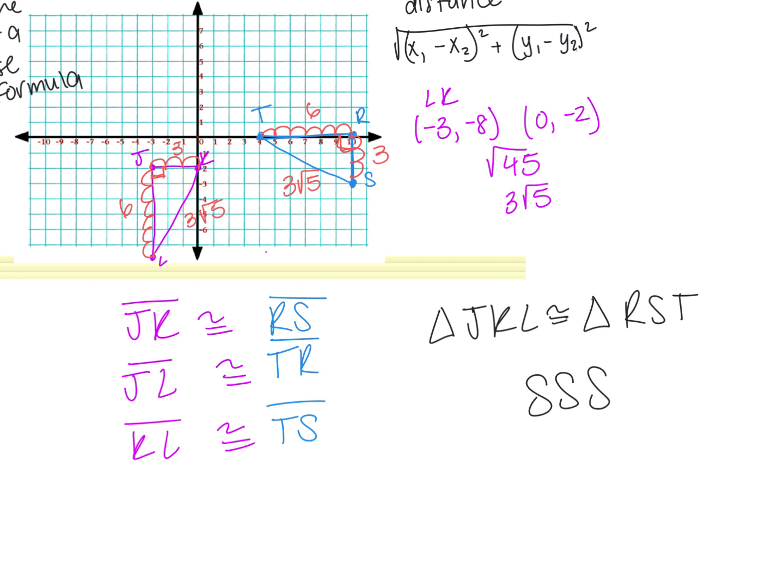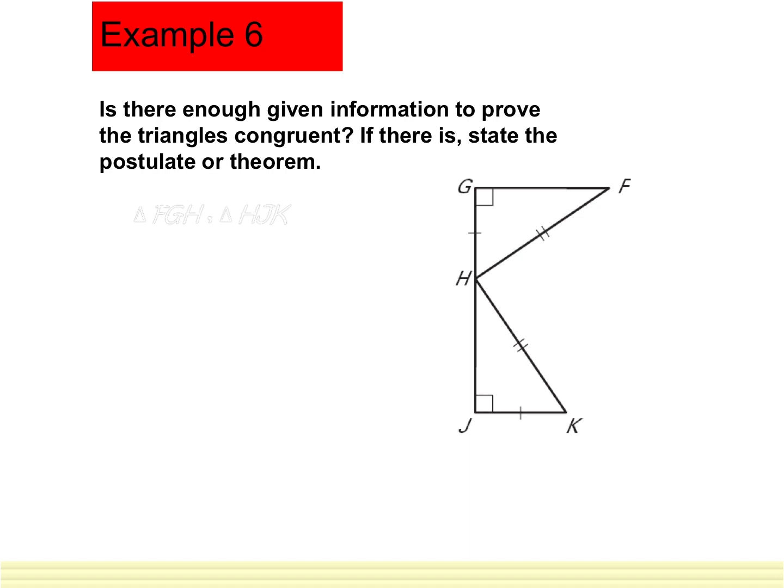Oh, yeah. All right, looking at this one, is there enough information to prove that the triangles are congruent? If so, state the postulate or theorem. So this is a little hard to see because it's written in white. I don't know why it's in white, but I'm just going to write over it in black. It says triangle FGH and triangle HJK.